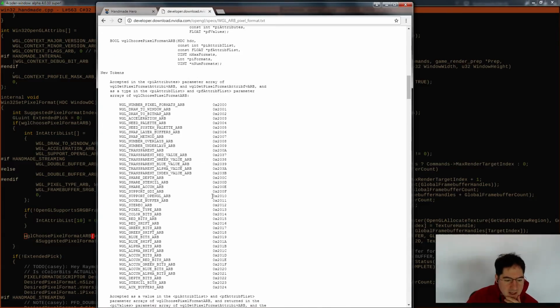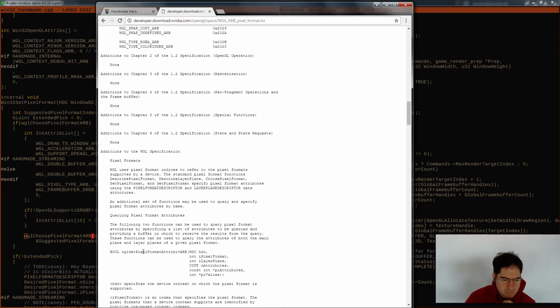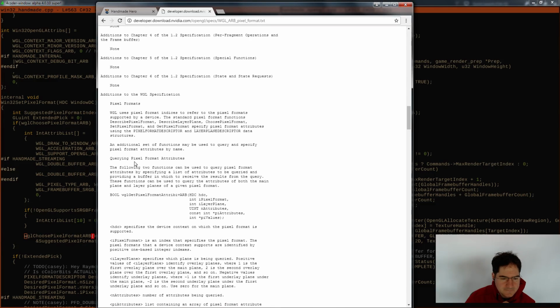Here we go. And so in this case, yeah, you can see, we're not specifying any of these. We're not specifying red bits, green bits, blue bits, or alpha bits, and we're not specifying depth bits. I don't know if that's because we were smart or not. Let's take a look.